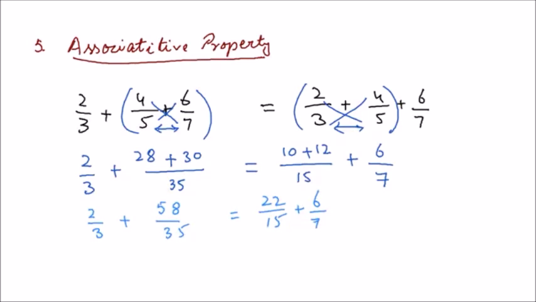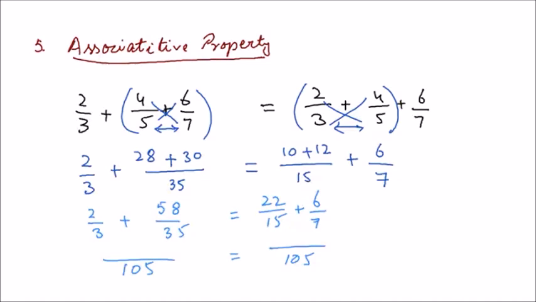And in the same way, we will multiply 15 with 7 because 7 does not divide 15. So in both cases, we get denominators or LCM 105.